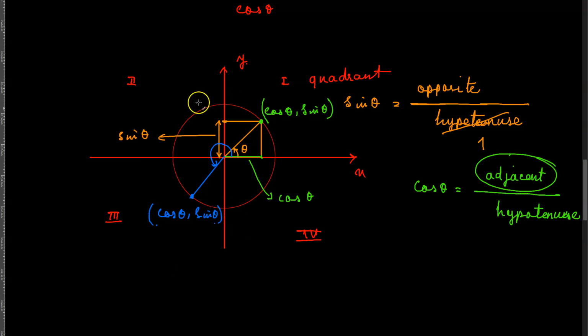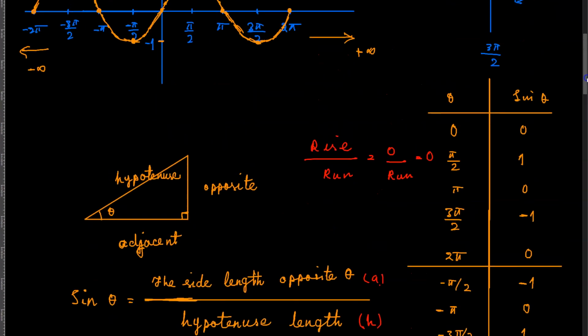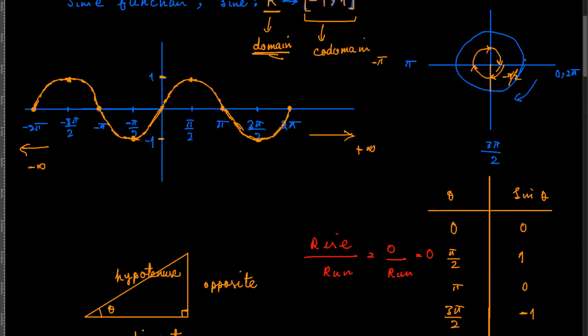And so you can just keep moving all around the circle, and whatever angle that you have, this circle is going to provide you with the trigonometric ratios cos and sine of these angles. Very simple, right? So this way you can find the trigonometric ratios of these angles.